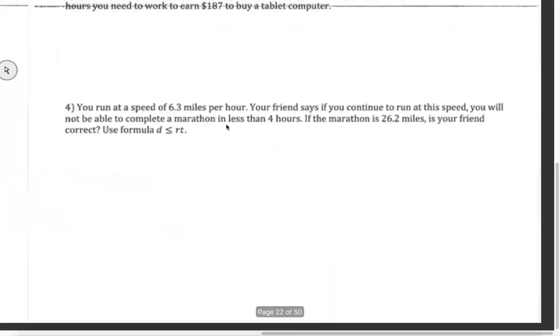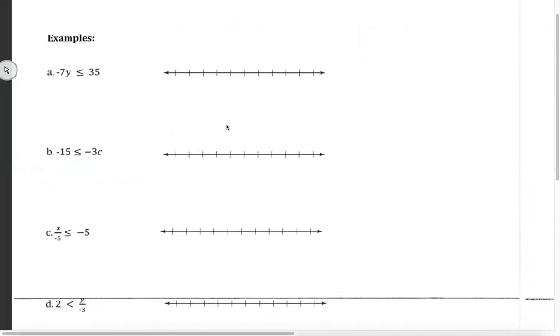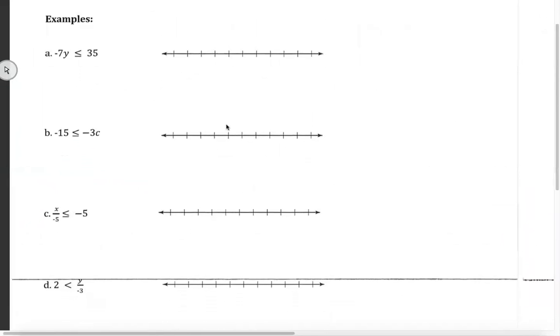So knowing that, I had you guys stop right around 40 or 50 when you started encountering negatives. So here, the one thing I need to pay attention to is the number that is now linked with my variable. If that number that's linked with the variable is negative, I need to flip my sign. So with A, I divide by -7. And then I have to flip my sign, okay?